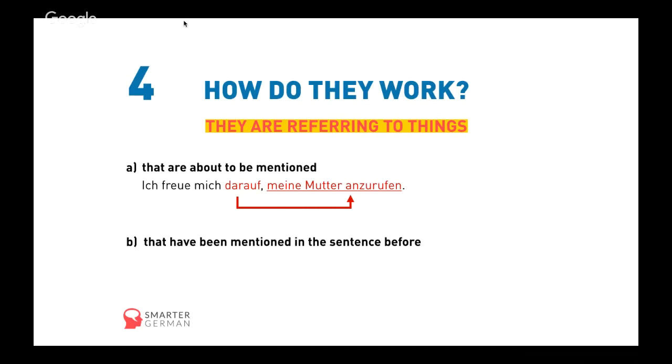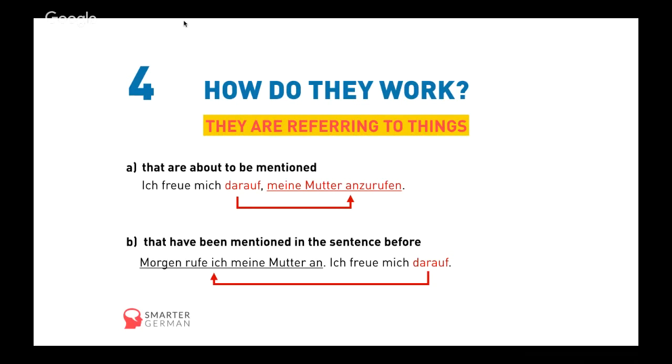Or they are referring to things that have been mentioned in the sentence before. Another example. Morgen rufe ich meine Mutter an. Tomorrow I will call my mother, or I'm going to call my mother. Ich freue mich darauf. So the darauf is actually referring to the information I have just said in the sentence before, not much further back.